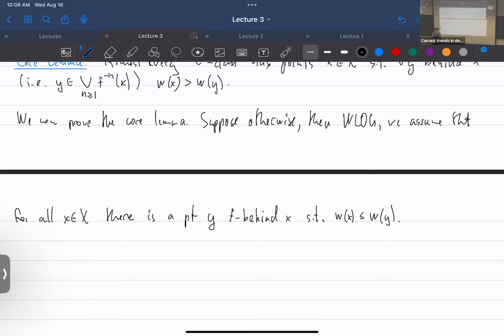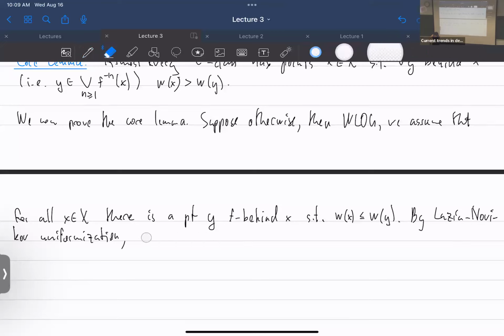Now I want to pick such a y for each x, and to do this in a Borel fashion, I use Luzin-Novikov again. So by Luzin-Novikov uniformization, we can pick such a y in a Borel fashion.